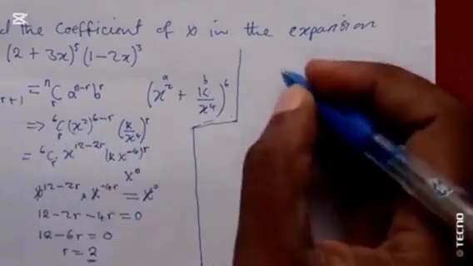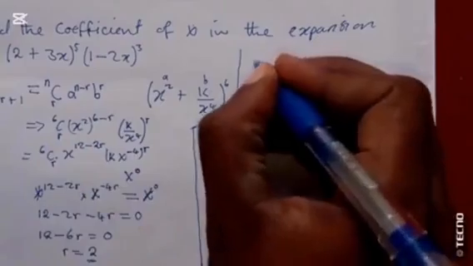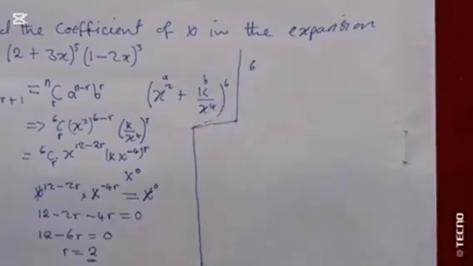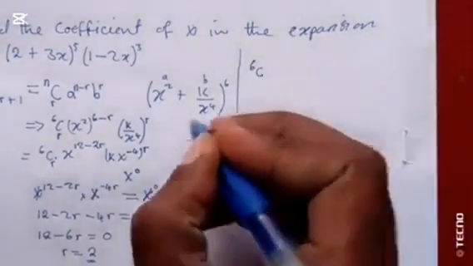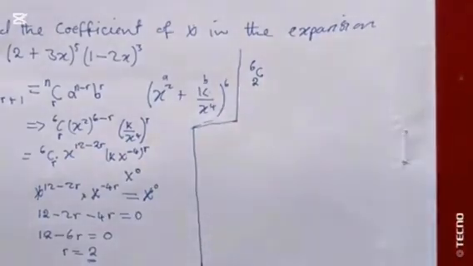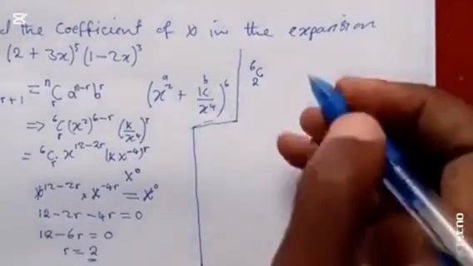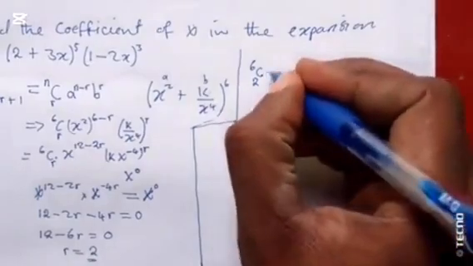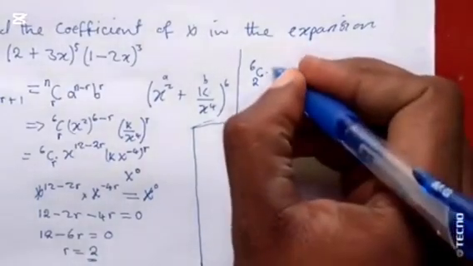We have 6 combine, where there is r, we replace by 2. These 2 that we've answered, we replace by 2. And then multiply by, here we have x.